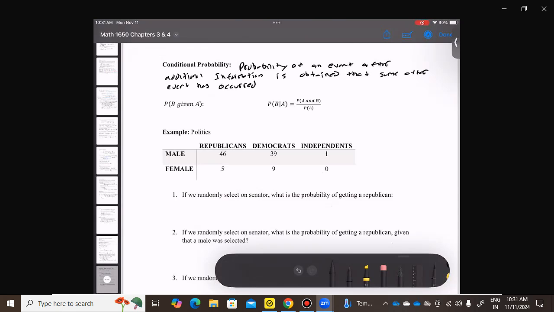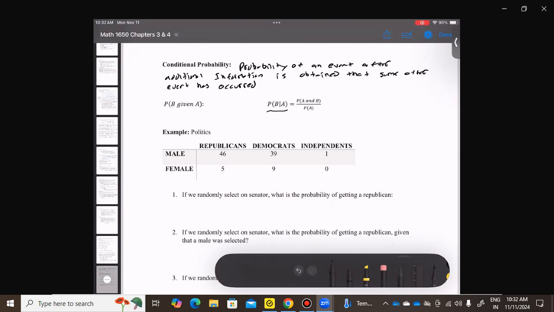Okay. Now, we've seen this symbol before when we were talking about dependent events, where we have, drawing cards, maybe we draw an ace, and then we want to know the probability of drawing the second ace, and we didn't replace the first ace, so the probability has changed based on that.